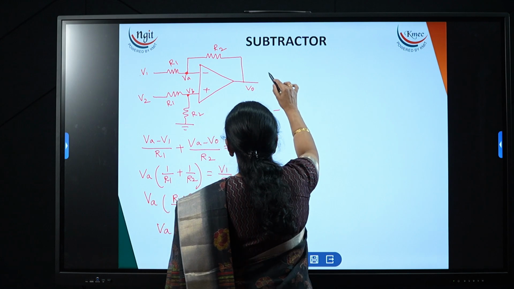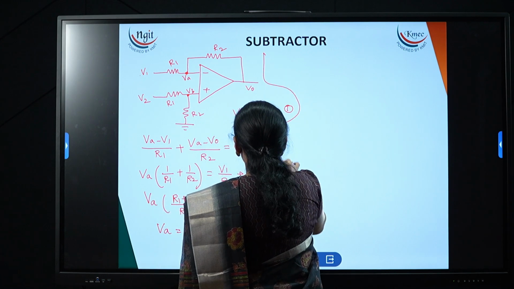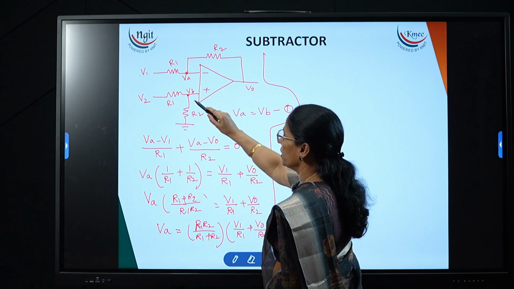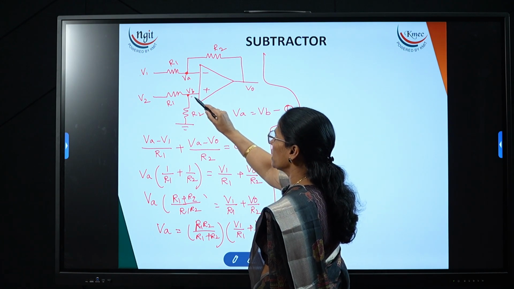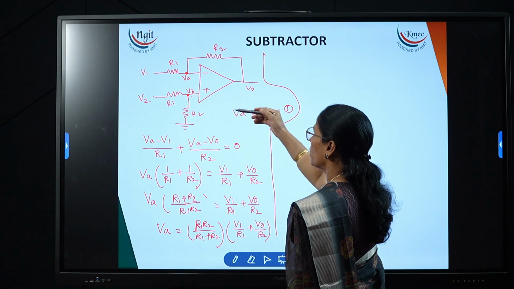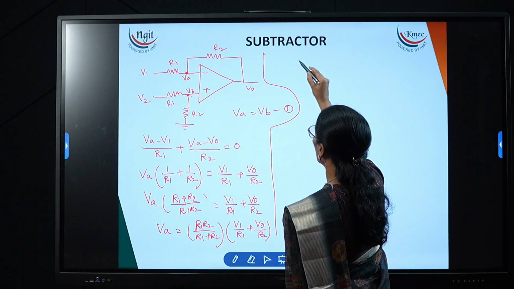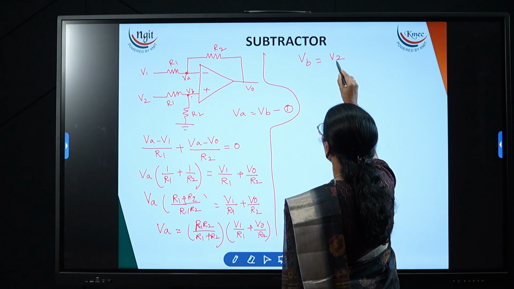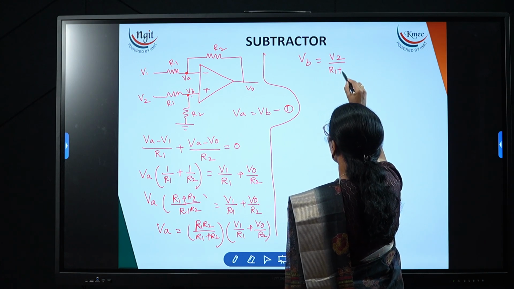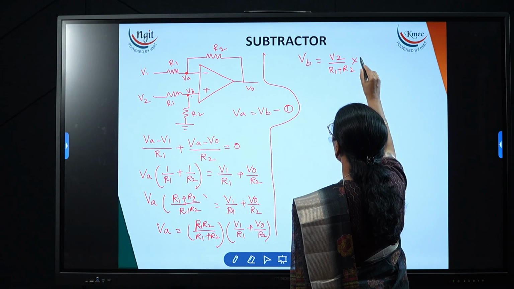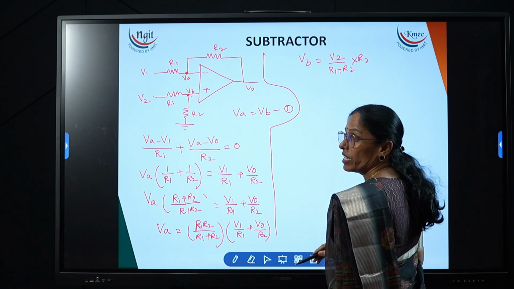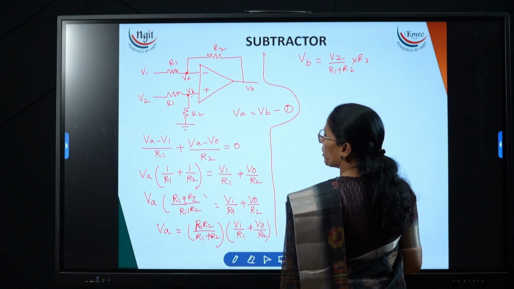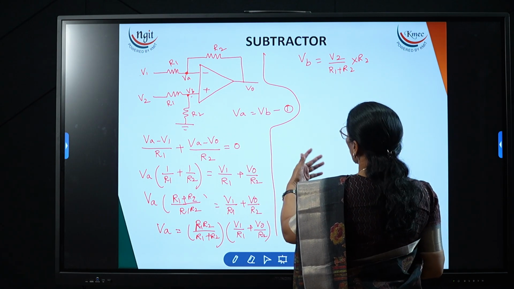Similarly, we need to derive the expression for VB. So VB is equal to what? For VB you can either apply the nodal analysis, or write it using the voltage divider. If I apply the voltage divider at B, VB is equal to V2 divided by (R1 plus R2) into R2. If you don't know the voltage divider, then you can directly apply the nodal analysis and derive VB.